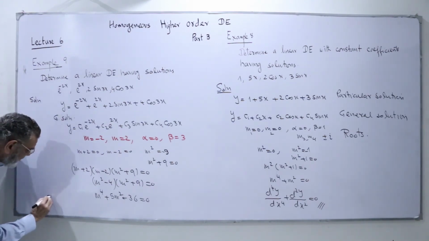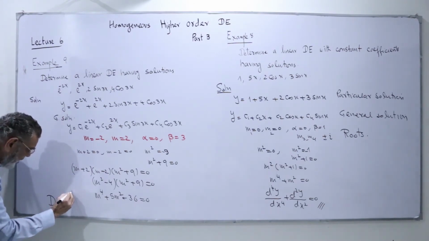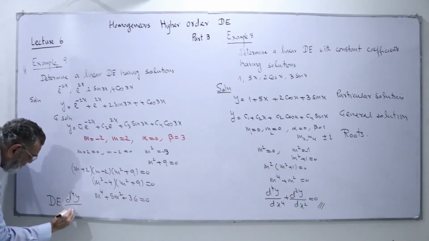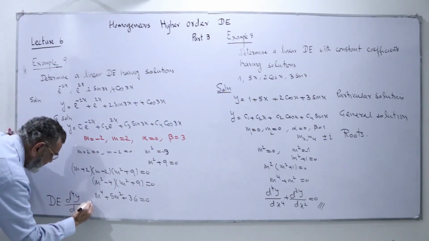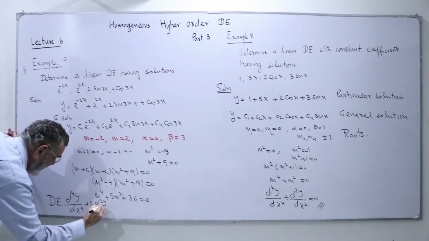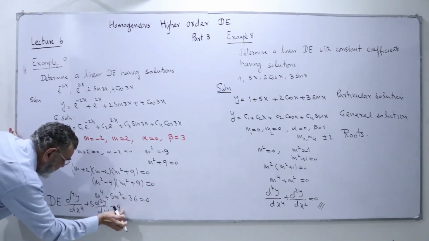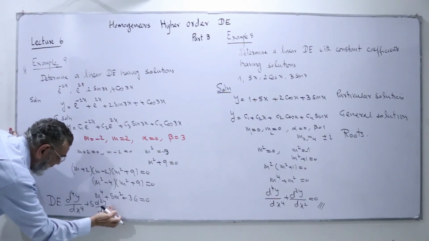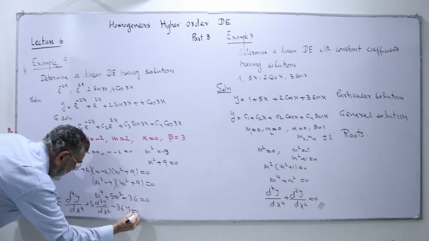So my differential equation will be, in this case, d4y over dx4, x is our independent variable, plus 5 d2y by dx square, and 9 into 4 gives 36, so we get a minus sign, minus 36y, is equal to 0.